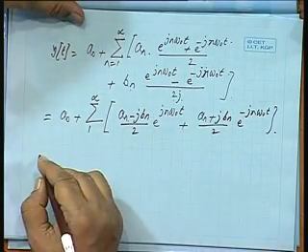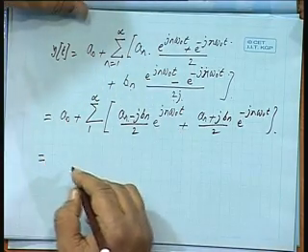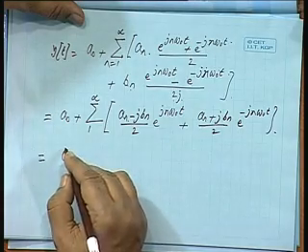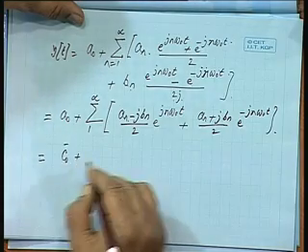So, we can express this in terms of two exponential terms, and the coefficients will be just complex conjugates.